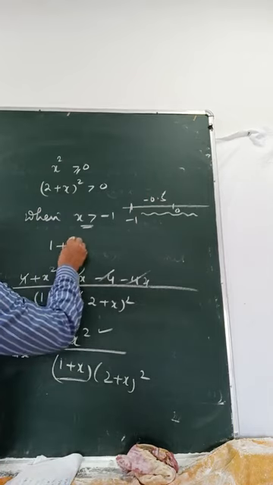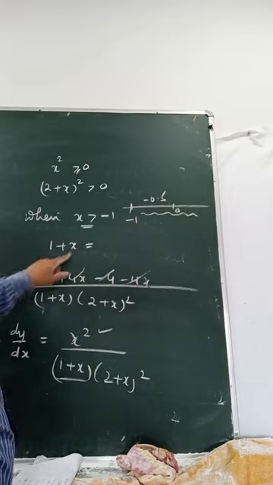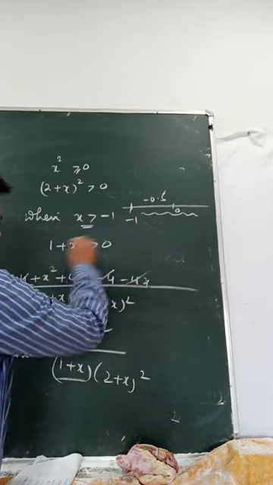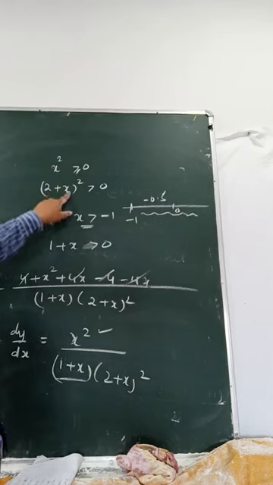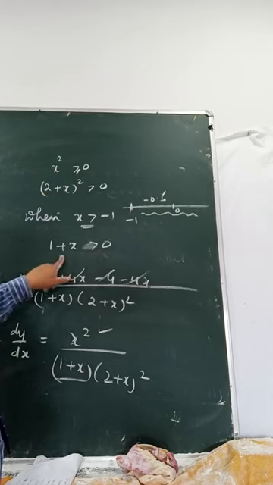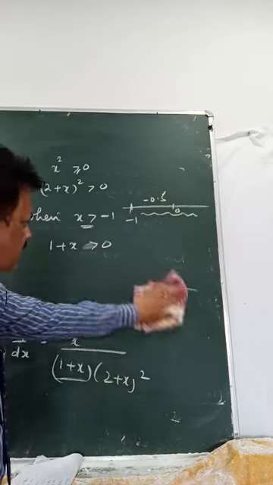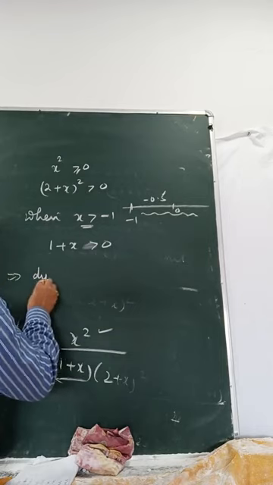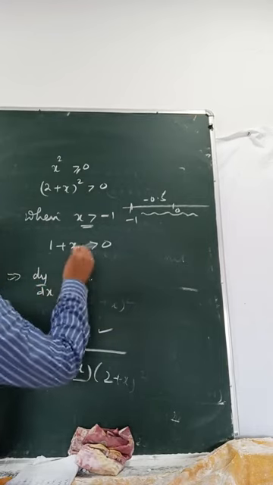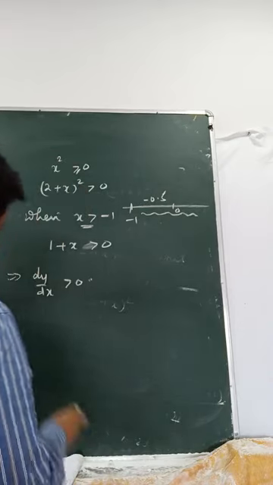So 1 plus x will be minus 0.5 plus 1, which is also greater than 0. So this is greater than 0, this is greater than 0. Because of this condition, this is also greater than 0. Implies dy by dx is greater than 0. Therefore, the function is an increasing function.